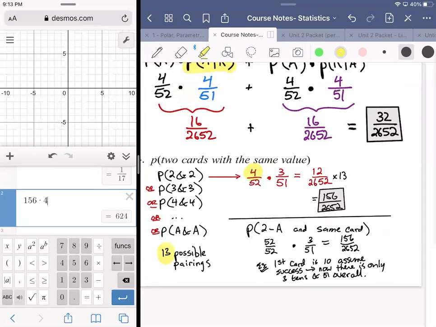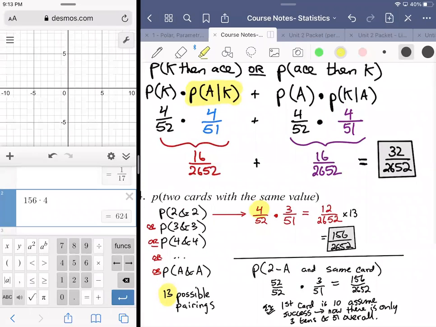So we're in good shape there. And we don't have to worry about suits, because that's the only reason why you would multiply by 4. There was no condition that it needed to be a 2 of hearts or a 2 of diamonds or anything like that. So we don't have to worry about that either. Okay.